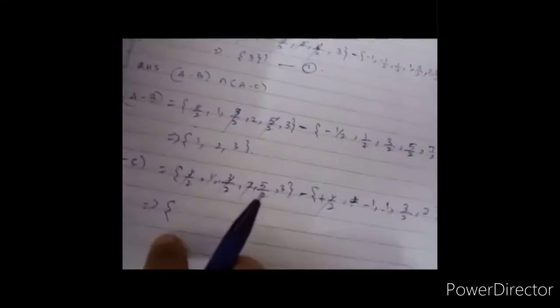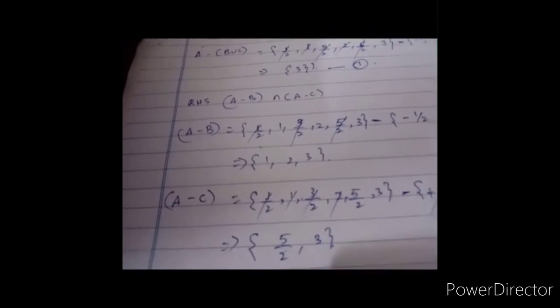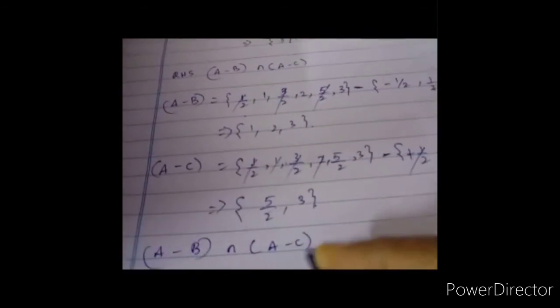So you have to see if any of the elements of C is present in A, strike it out: 1/2, then 1, 3/2, 2. So the remaining is 5/2, 3.